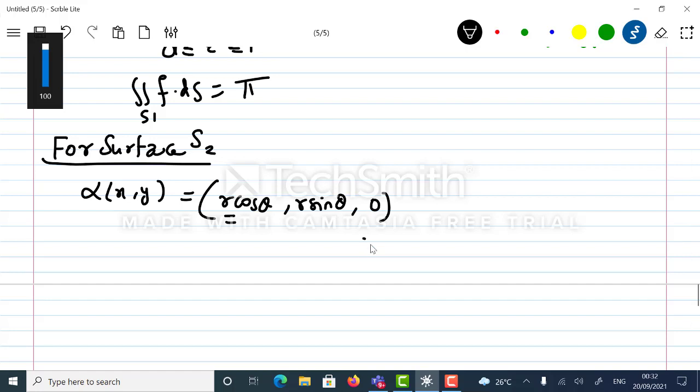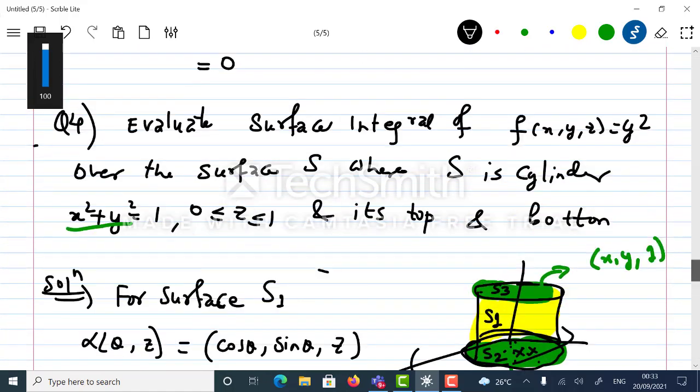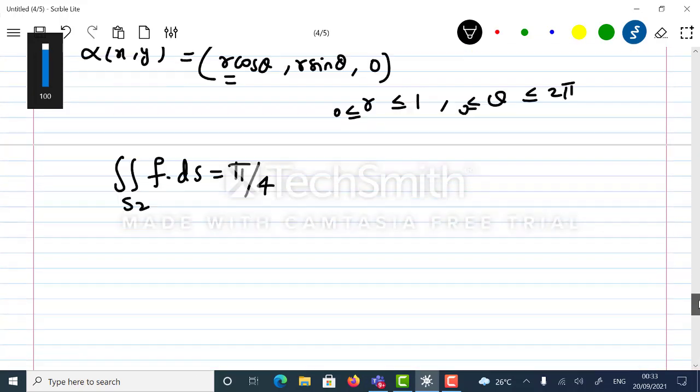Of course r is between 0 to 1 and theta between 0 to 2 pi. If you solve this, you will get the integral over S2 of f dot ds as pi by 4. You can check that. Here the projection is the disk itself, so you need not go for another projection.